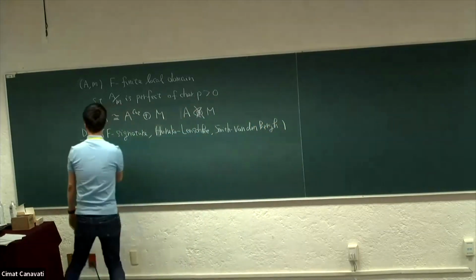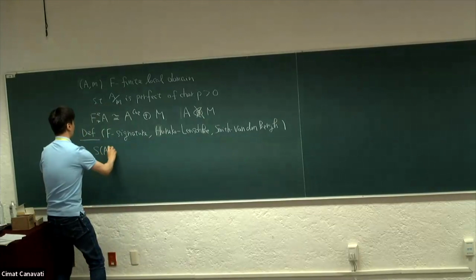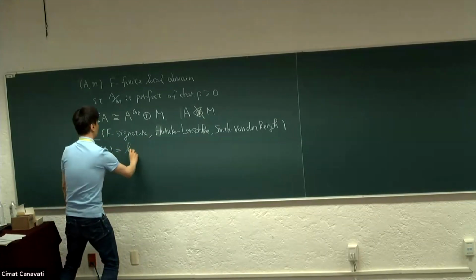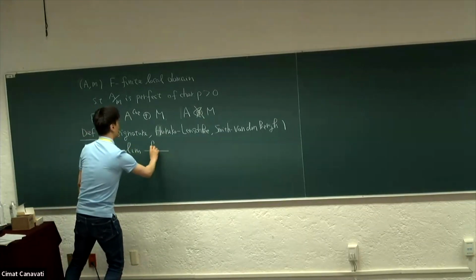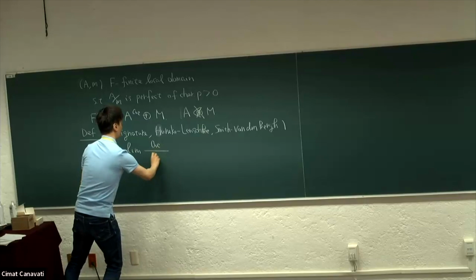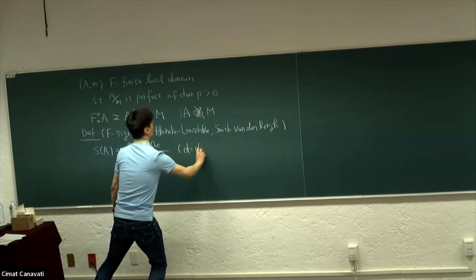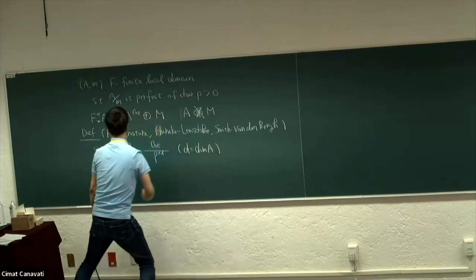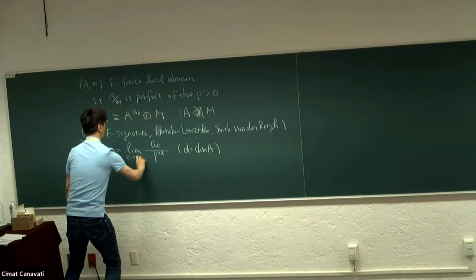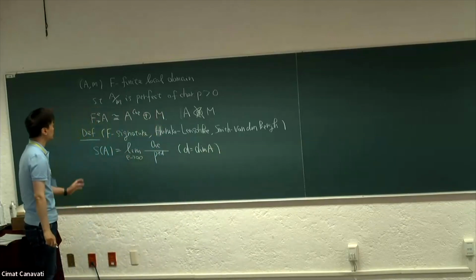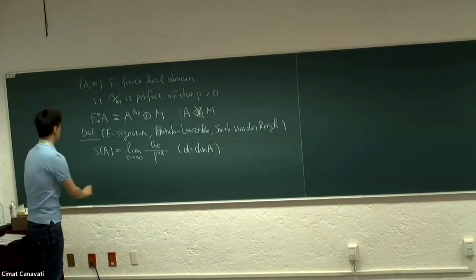So the definition is: the F-signature of A is defined to be the limit of a_e over p^{ed}, where d is the dimension of A, as e goes to infinity. Okay, this is the definition.